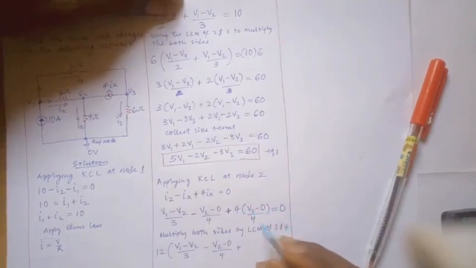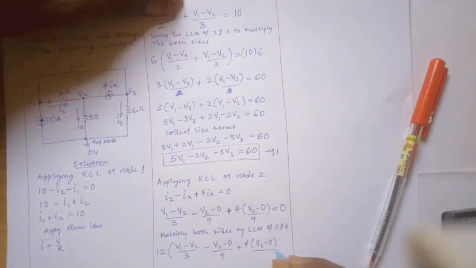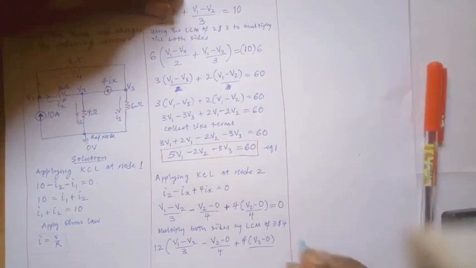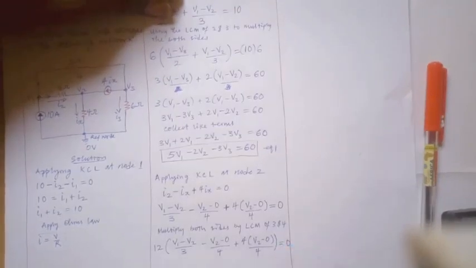Let's try something. Let's write it: 4 V2 minus 0. I just want you to learn this, so when we are doing another example, we just go straight to the point. Now close the big bracket, then equal to 0.